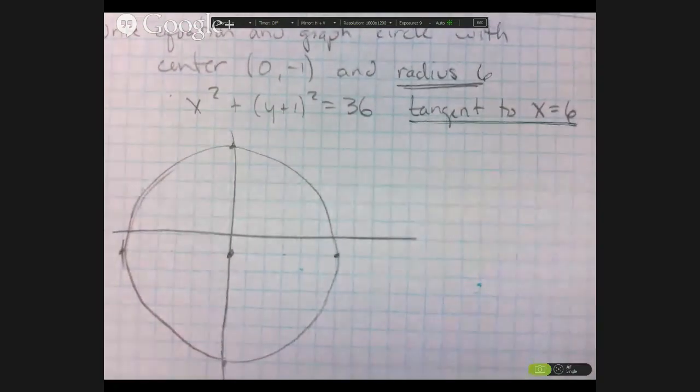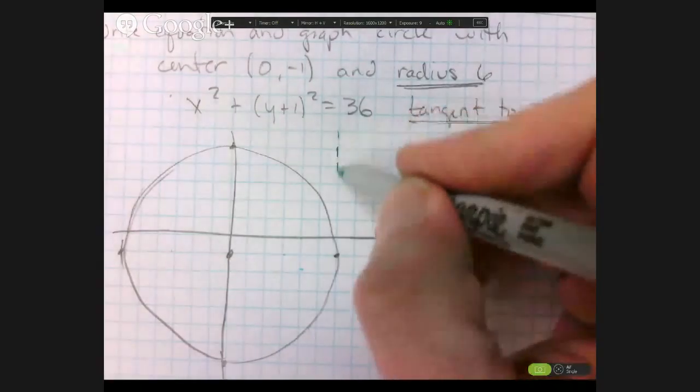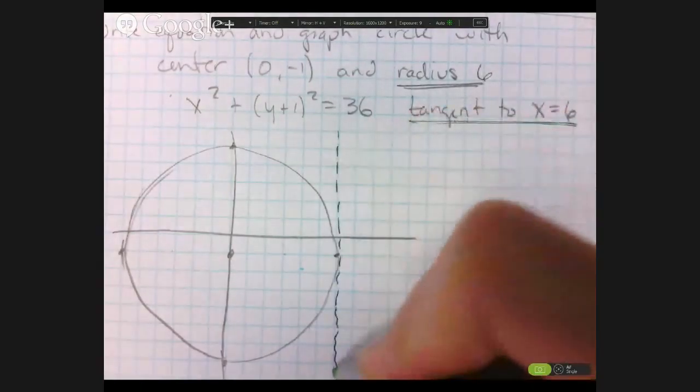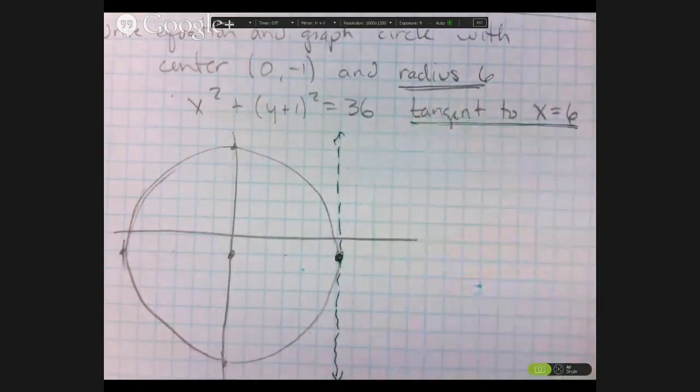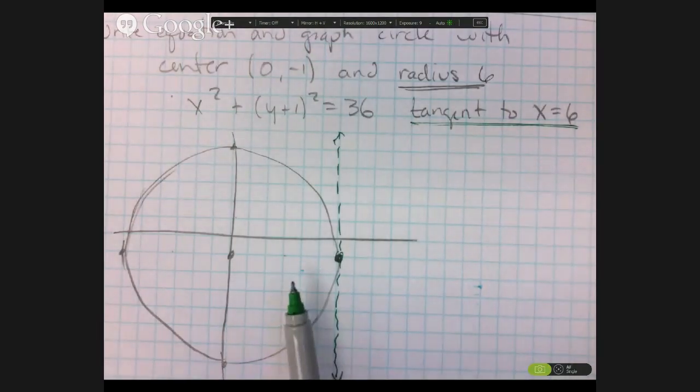What does tangent mean? There's x equals 6. The circle touches it once. Basically, it's forming a boundary. So you calculate your radius based on that boundary. A secant line doesn't do that. I don't throw that to you yet.